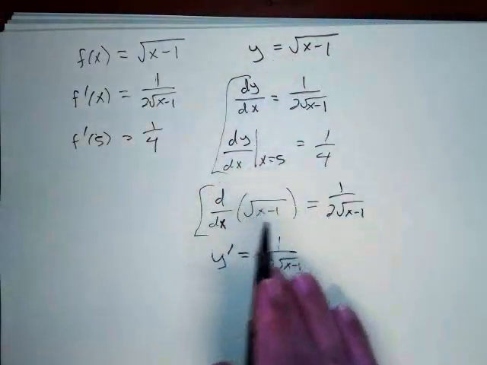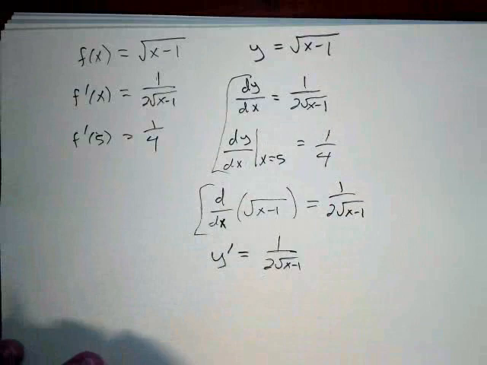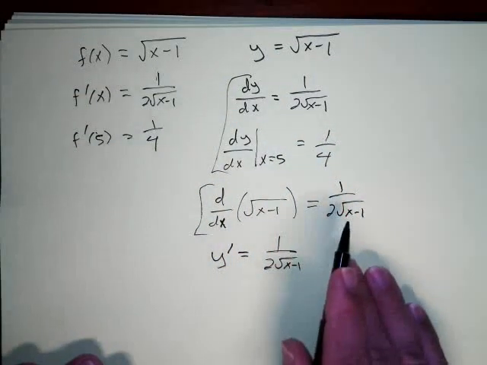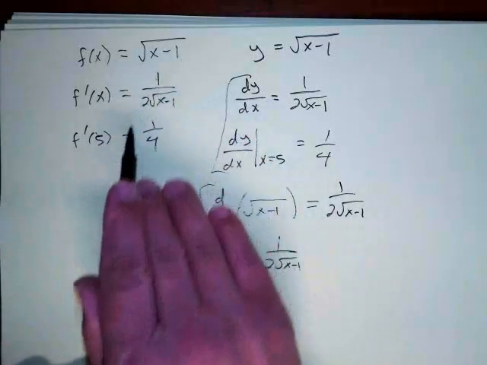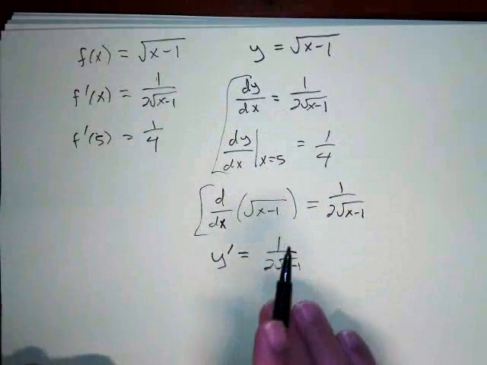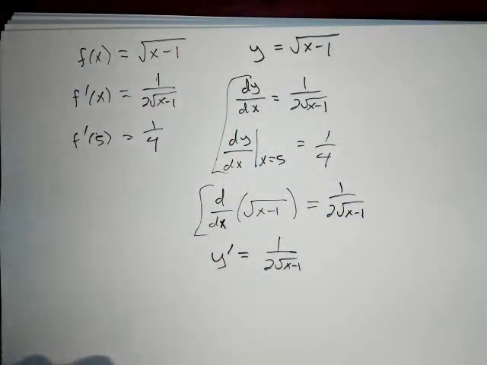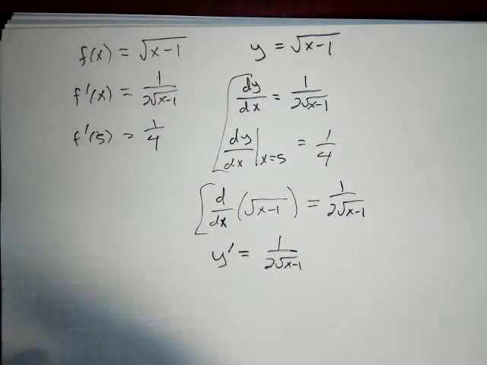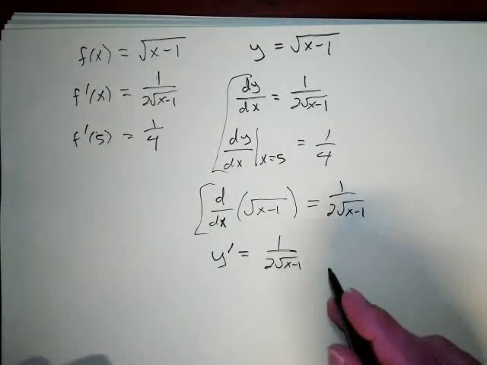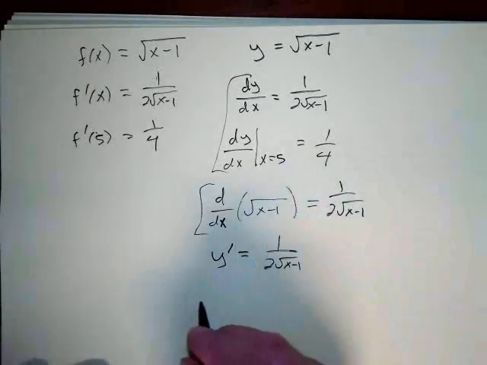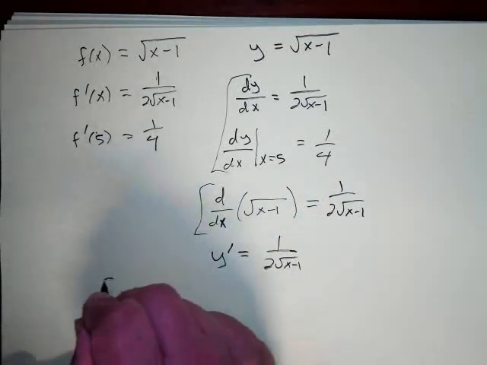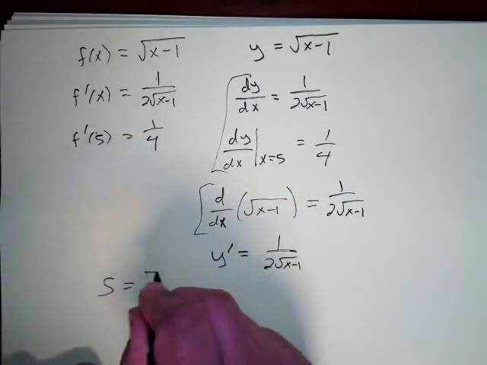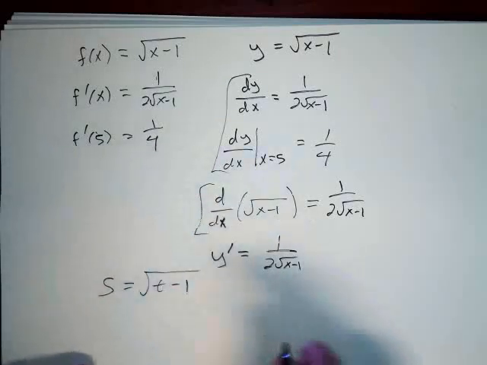And I like this notation, especially when we do the chain rule. I find that this helps break the problem down. And we're going to see this later on when we do the shortcut rules. Okay, and this notation is really easy to use, but this notation is pretty helpful. One other thing is, let's say I'm told that s is equal to the square root of t minus 1.